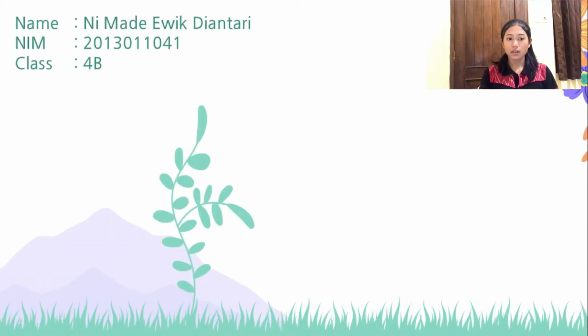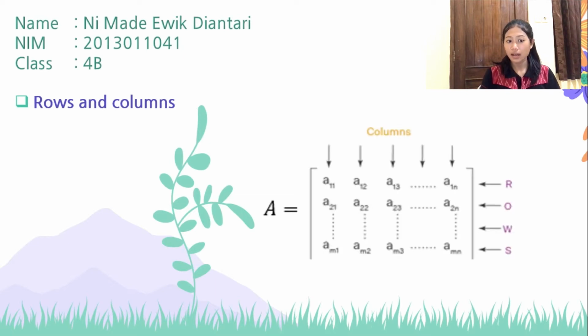Okay, next, rows and columns of a matrix. We have a given matrix A with these numbers in the first row: A11, A12, A13, up to A1n.